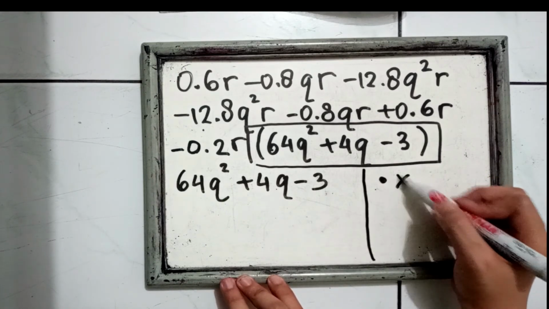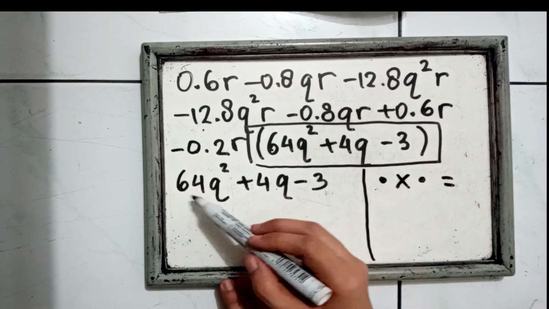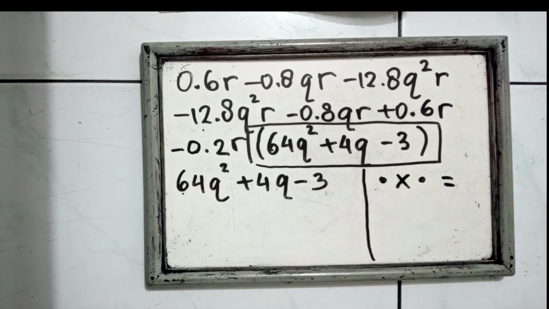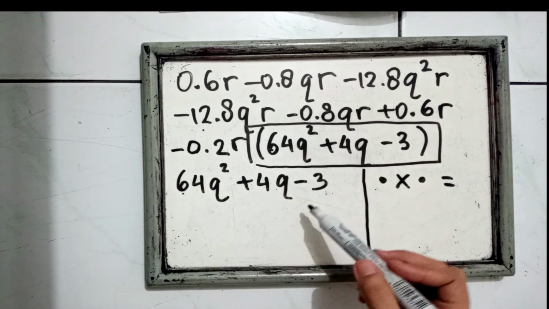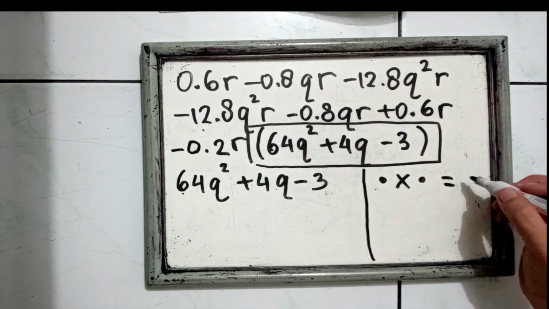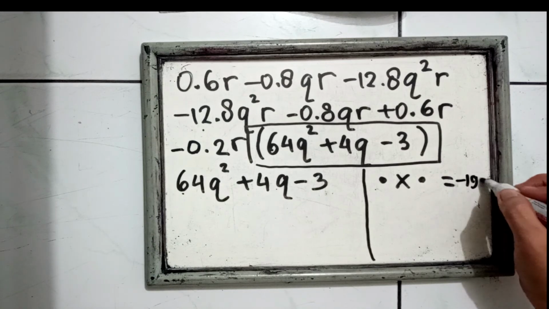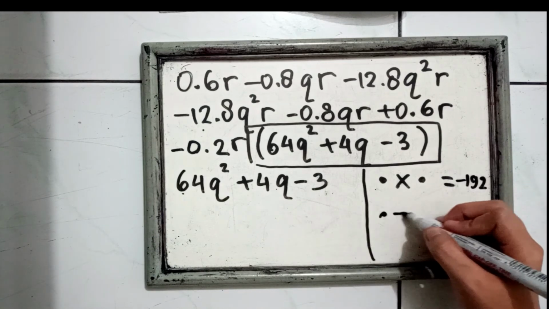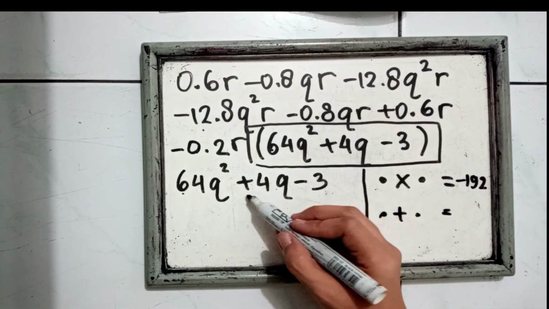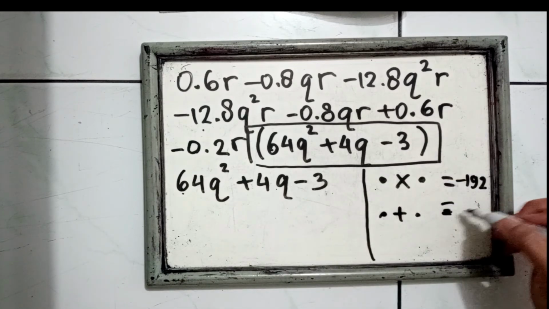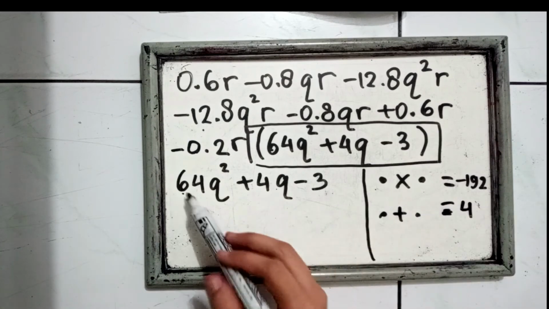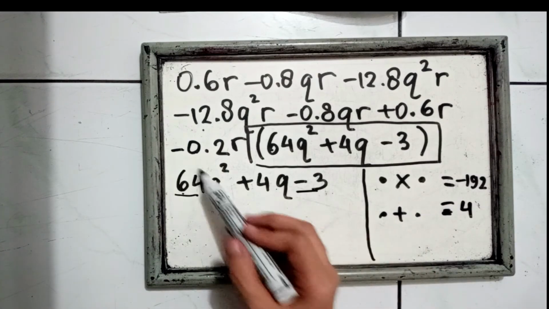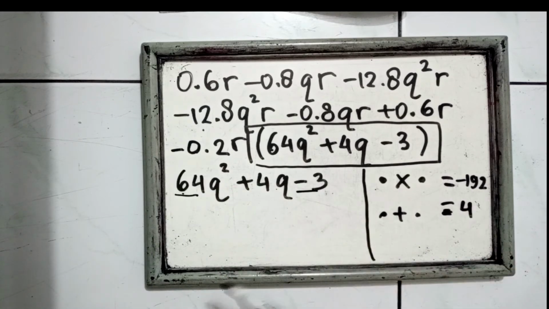When you multiply it, it will be equal to 64 times negative 3, which is negative 192. But when you add it, it will be equal to 4. You still remember the clue, right? When you multiply it, it should be negative 192. When you add it, it will be 4.